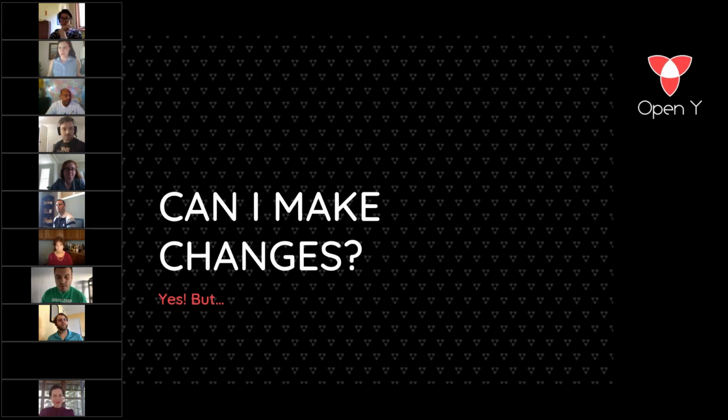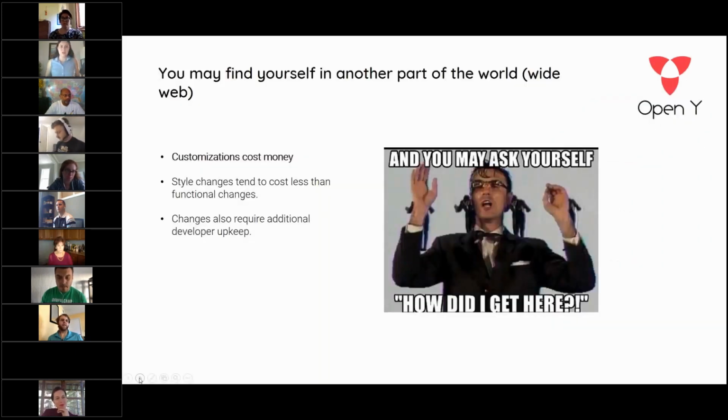So I think this is still you though, David, about cautionary tales of making changes to your virtual YMCA. Exactly. And if you are making changes, you may ask yourself, how did I get here? Because changes have consequences. Every single additional change you make is going to result in developer costs.